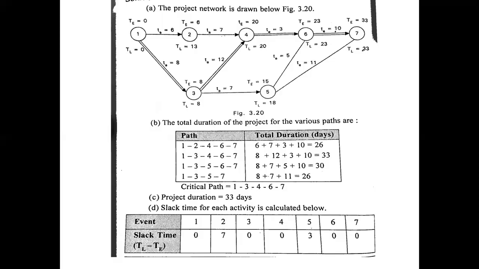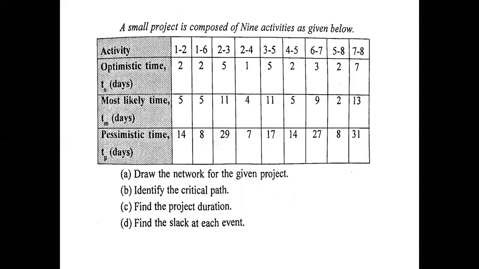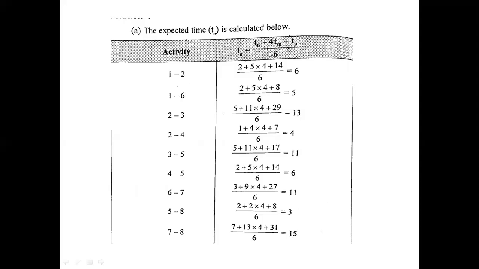The difference between CPM and PERT is that in the critical path method, you need not find the expected duration of each and every activity. Whereas in the PERT technique, they will give all three timings. Based upon these three timings, you have to use the formula to find the expected time for each and every activity. What is that? To plus 4 Tm plus Tp, divided by 6. So this is the only difference between CPM and PERT.